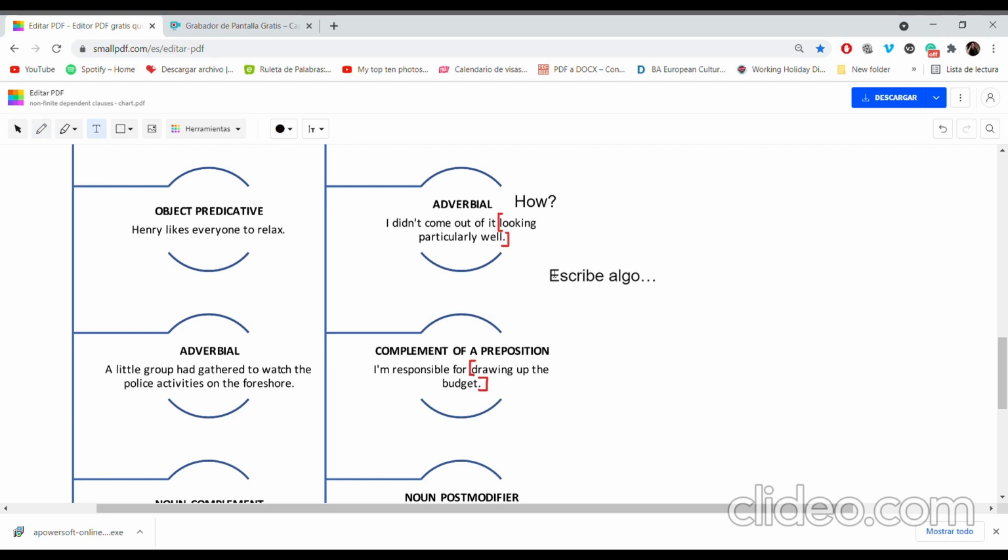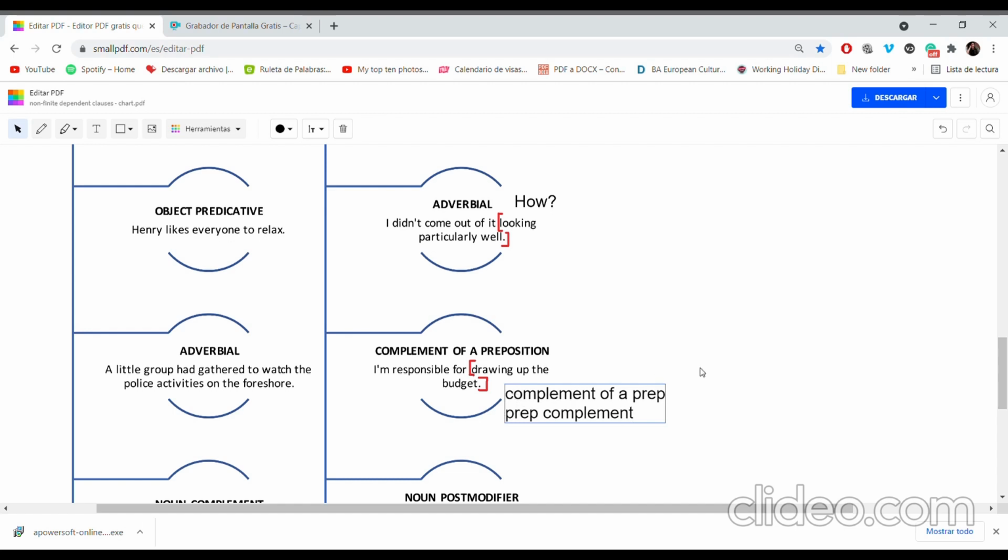So this ing clause is completing the idea of our preposition. Here you can say this is a complement of a preposition. You can also say prepositional complement, as you wish. It's the same, right?